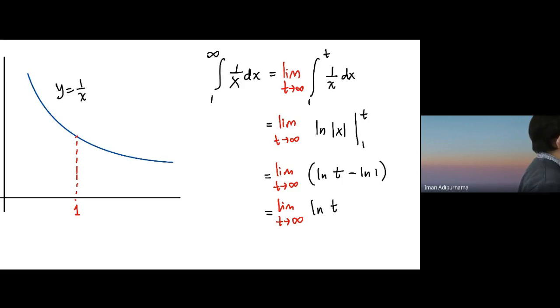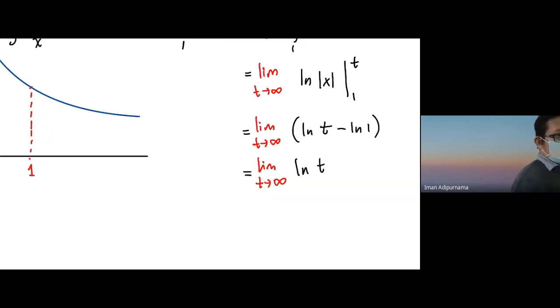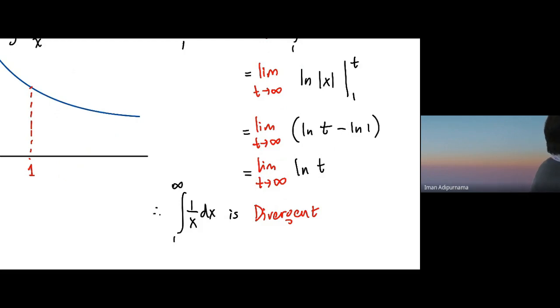Now if you look at the ln, when it reaches a high number, the answer to this is going to be infinite, right? Infinite numbers, or we call that this will be a divergent. Because it diverged, it's not converged into a finite result.